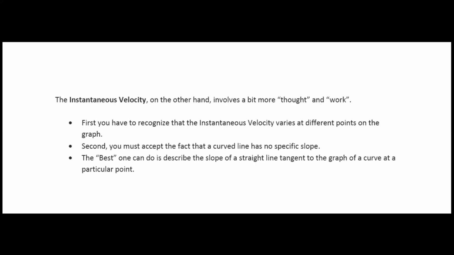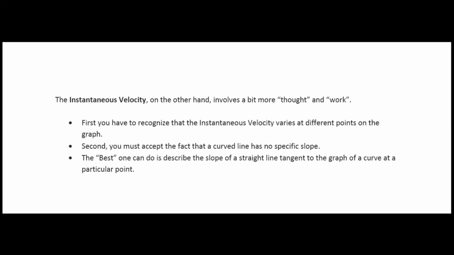Instantaneous velocity, on the other hand, is what we're interested in, and it involves a bit more thought and work. First, you have to recognize that instantaneous velocity is not the same at each point. Secondly, you must accept the fact that a curved line has no specific slope.